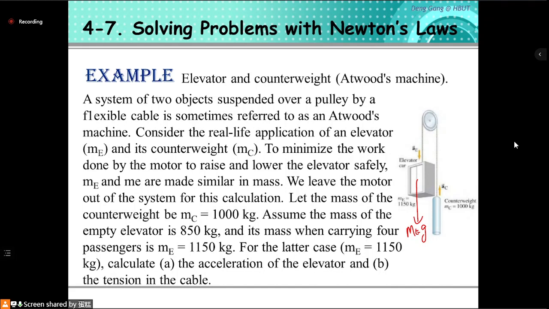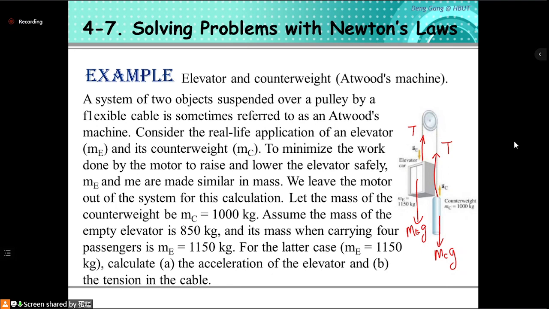And the tension because of the cable, in this direction, let's say, T. And for the counterweight, also the gravity because of the mass, mCg, and the force due to the cable, also T, because if you ignore the mass of the pulley, the tension in the whole cable should be the same.